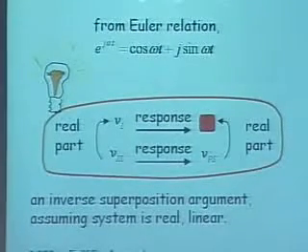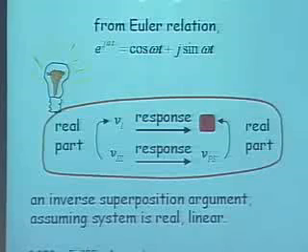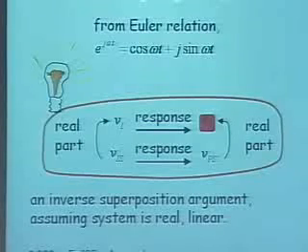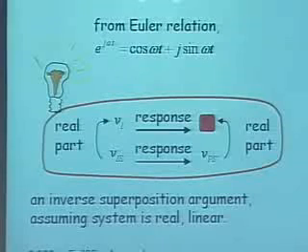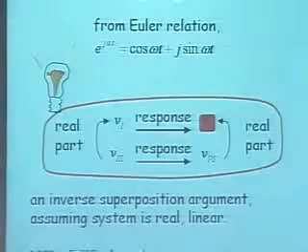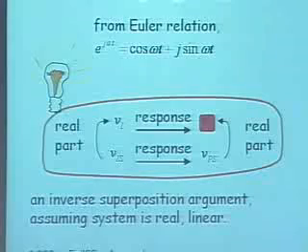For superposition, I said, take the response for A, take the response for B, add them up, you get the response for A plus B. Here what we're saying is that get the response to A plus B, or to A plus jB, and the real part of the input will produce a response given by the real part of the output. Okay, so this is an inverse superposition argument. So if it's a linear circuit, then if VI is the real part of this sneaky input, and I find the response to the sneaky input and take its real part, I should get VP.